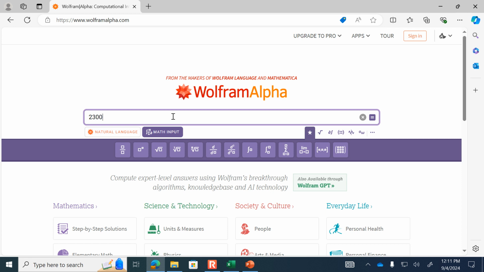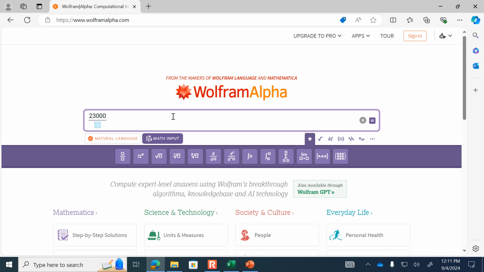So 23,000 divided by 5,000 is equal to parentheses 1 plus i to the power, I'm using the shift 6 to do power of 6, and then the right arrow key to get out of the exponent, minus 1.